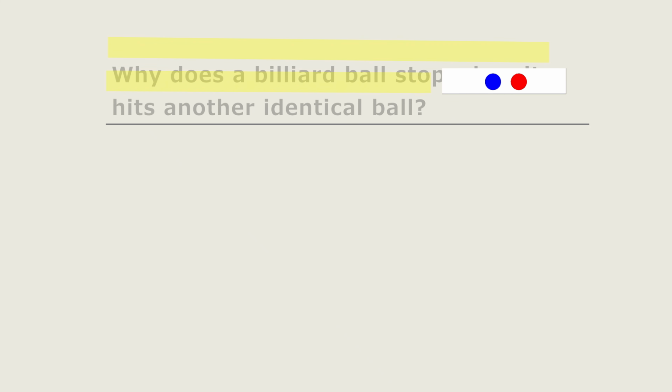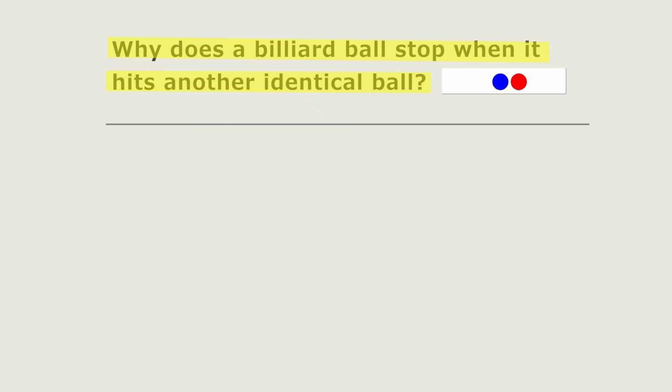We also asked why a billiard ball stops when it hits another identical ball. This is because the balls are identical, so the mass is the same. When the first ball hits the second one, it transfers all of its momentum to the second ball, and the second ball continues with the same momentum and energy.